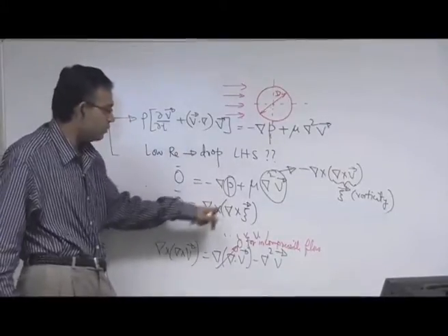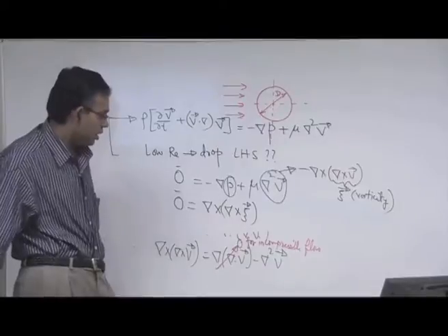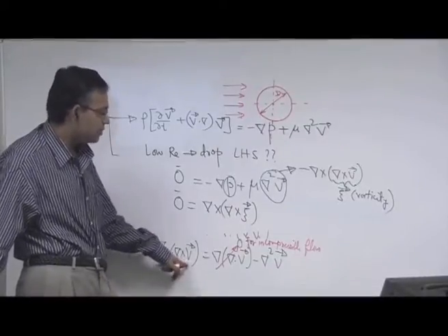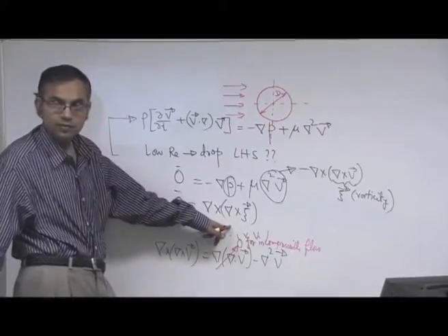So, that is why curl of this. Now, we can use the same identity here, just replace V with zeta.